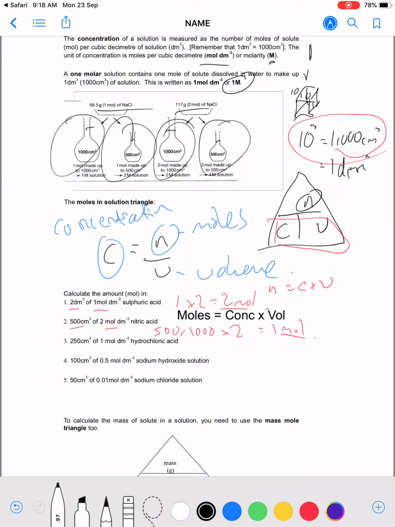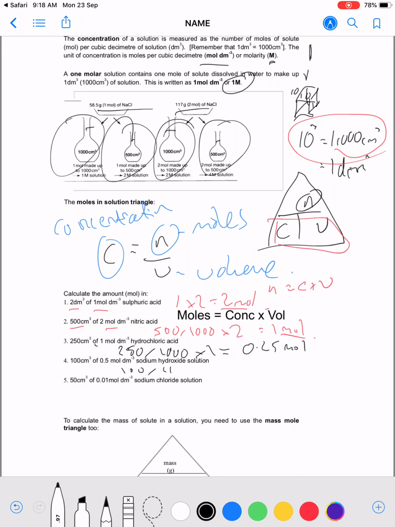Same here, 250 cm cubed. I'm going to have to convert my cm cubed to decimeters cubed. 250 divided by 1000 times the concentration, which is 1, and that's going to equal 0.25 moles. Go again, 100 cm cubed of 0.5 mole per decimeter cubed sodium hydroxide.